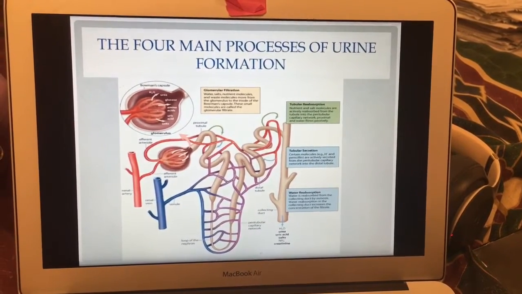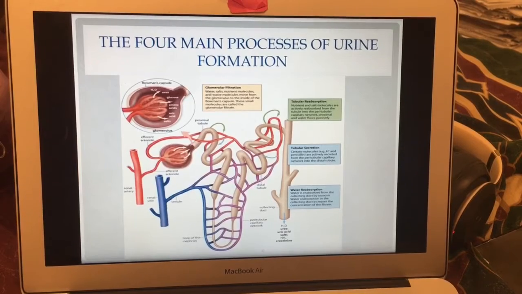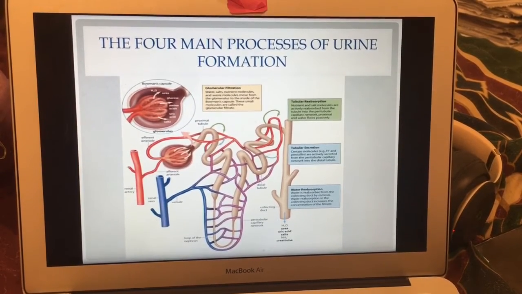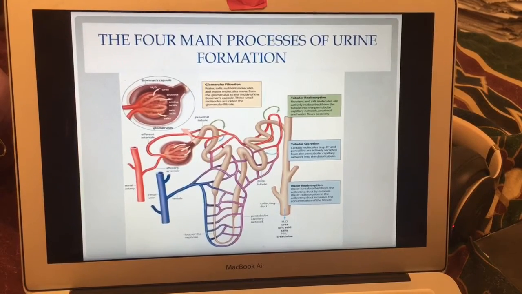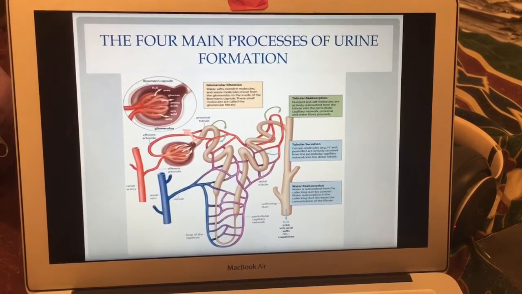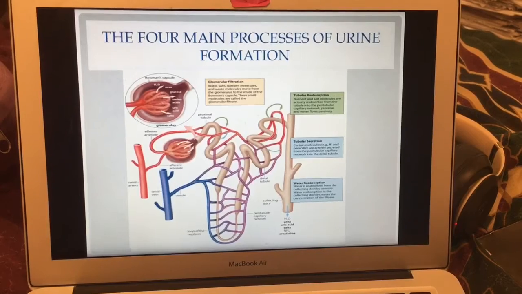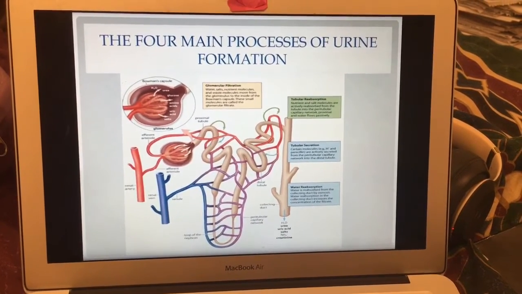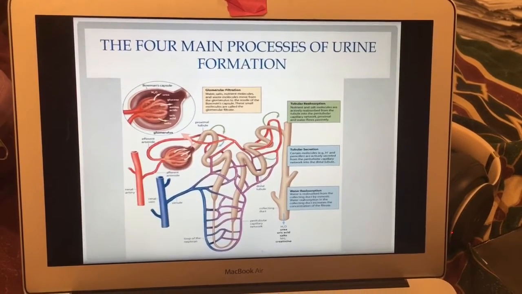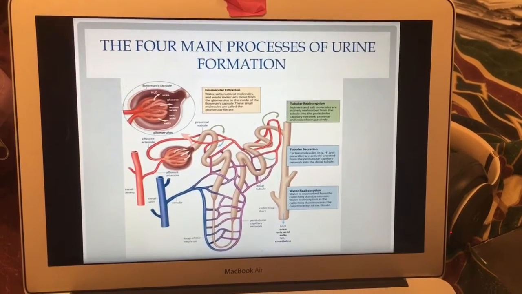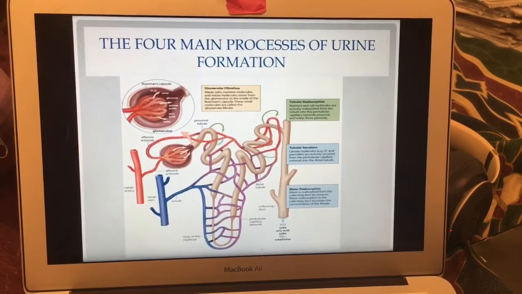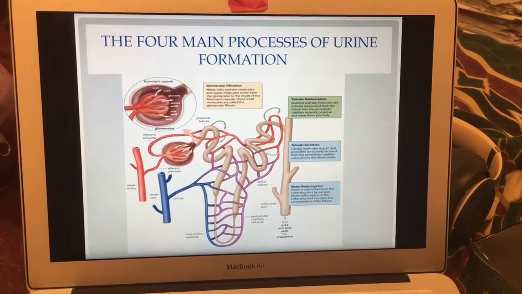Nutrient molecules, sodium ions, and many solutes are actively reabsorbed from the proximal tubule into the peritubular capillary network, while at the same time water flows passively. Specific substances are actively secreted from the peritubular capillary network into the distal tubule in tubular secretion.